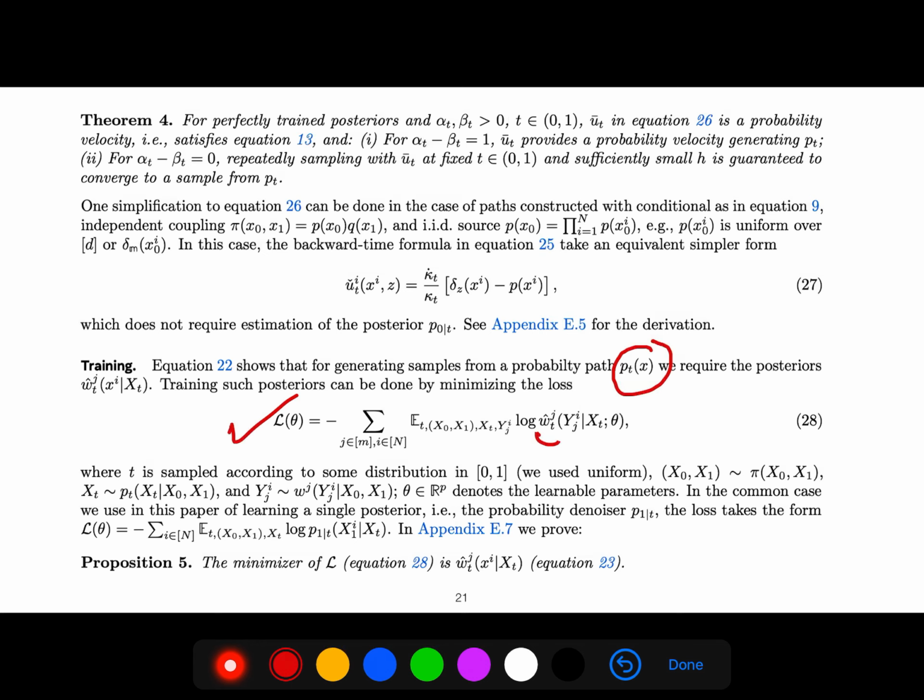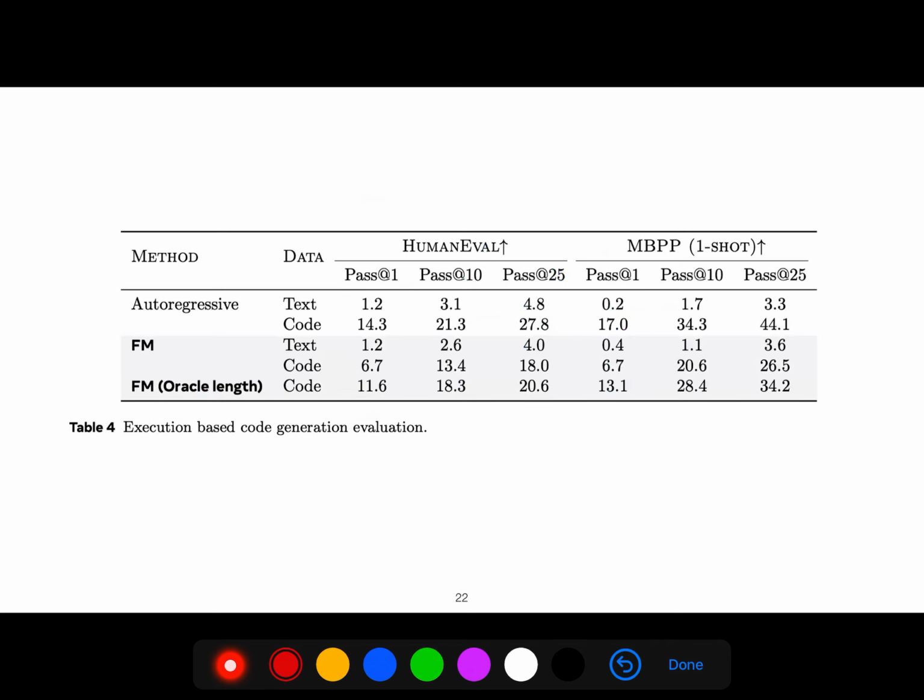Training such posteriors can be done by minimizing this loss. So they did experiments on different datasets. They even compare autoregressive with flow matching, both for text generation and code generation.